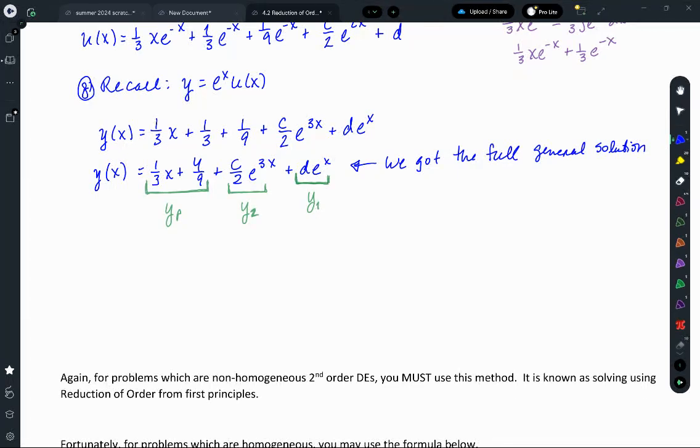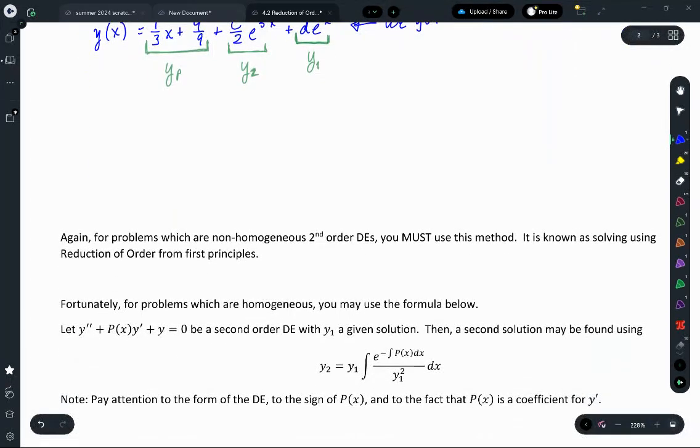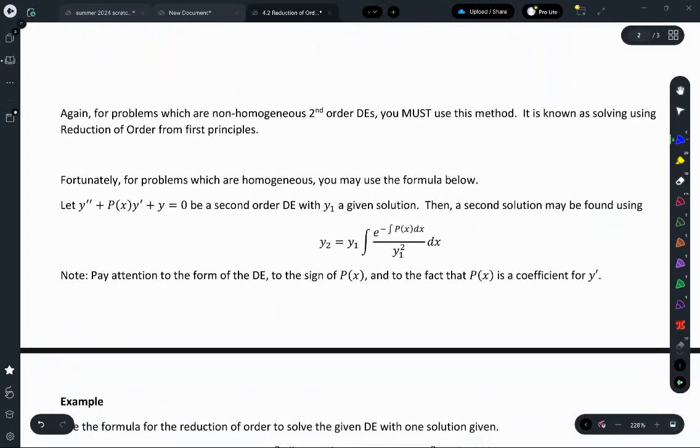In the cases where we have a homogeneous equation, things are much more simple. Although you might not agree. I find they're simple because it's just one formula that we need to go through, but it's an integral, and the integral can be difficult, and if you lose a minus sign, you're done. It doesn't work.